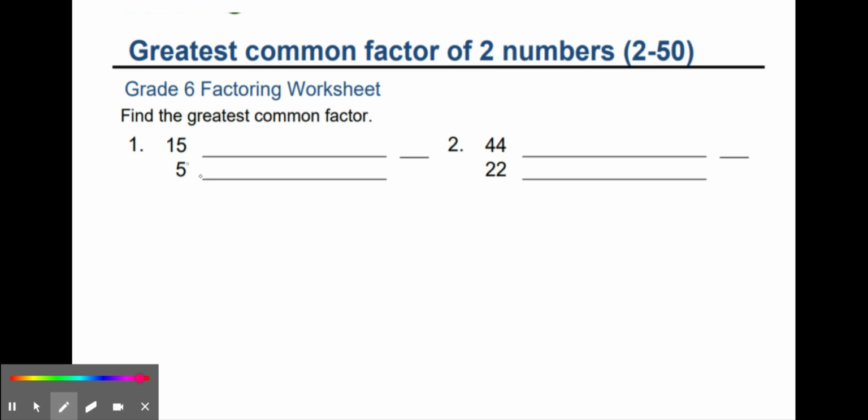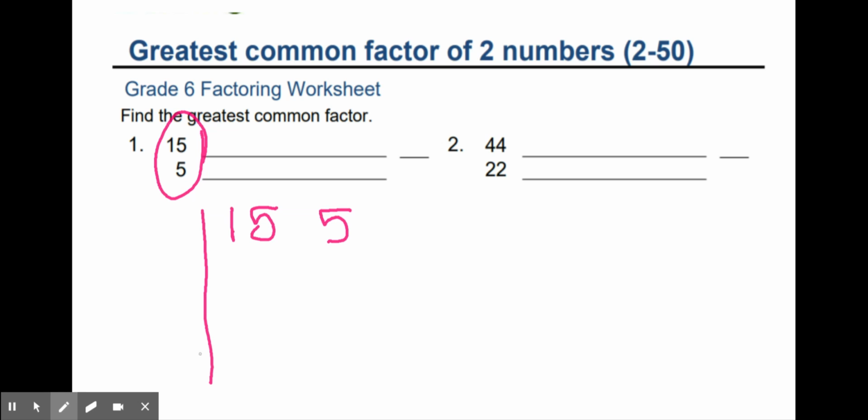So what we do is we take the numbers we're trying to find the greatest common factor of. In this case, it's 15 and 5. And we write them right beside each other. 15 and 5. And then we draw, just like we would for partial quotients, if you remember dividing numbers and you just kept dividing out numbers, and then at the end you had this big long list, that's what we're kind of doing.